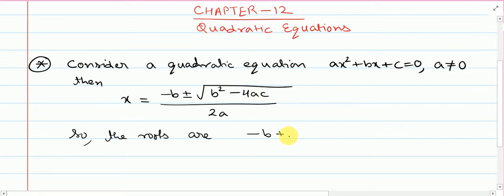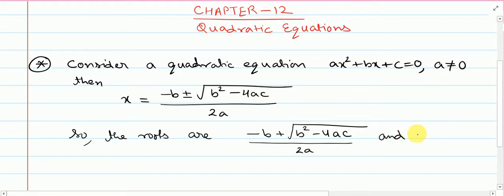So here under root b square minus 4ac by 2a. So the roots are this and this, minus b minus under root b square minus 4ac by 2a.